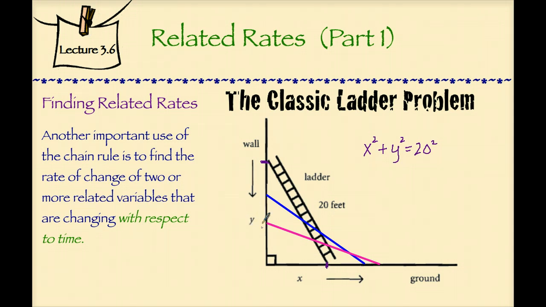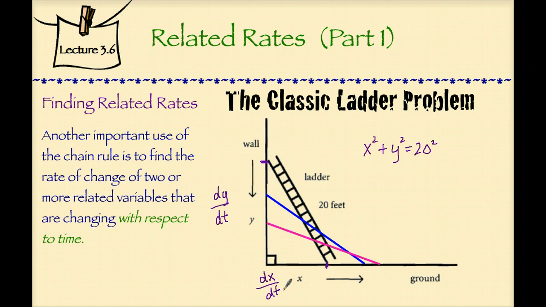The rate at which y is changing with respect to time would be represented by this differential, dy/dt. Notice it's not taking the derivative of y with respect to x anymore, instead with respect to time. The rate at which x is changing with respect to time would be represented by this differential, dx/dt. Again, the derivative taken with respect to time.